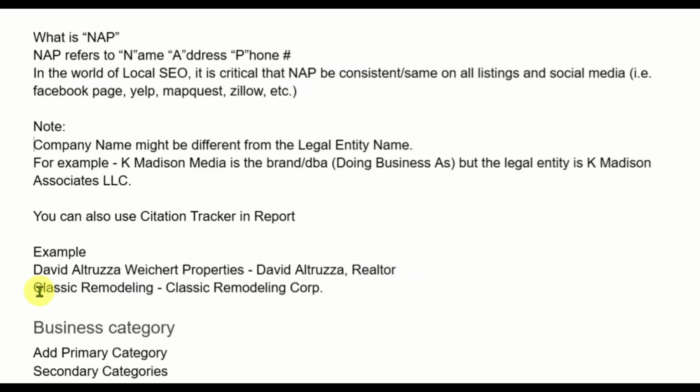There was another case with one of our clients where we initially started with Classic Remodeling, but after we started to work with the client and saw their online presence and also their company name, Corp, I don't remember exactly, but I think it had to do with another higher domain authority website that was using Classic Remodeling Corp, so we decided to go with Classic Remodeling Corp.